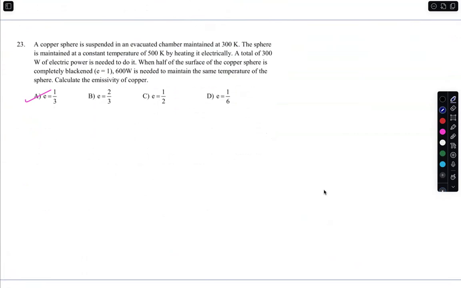See, don't get confused. If it is completely black, 300 watt of electric power is needed to do it. When half of the surface of the copper sphere is completely blackened, 600 watt is needed to maintain the same temperature of the sphere. Now, what is actually happening? It is like a drum question. I told you a number of times. What is a drum here?